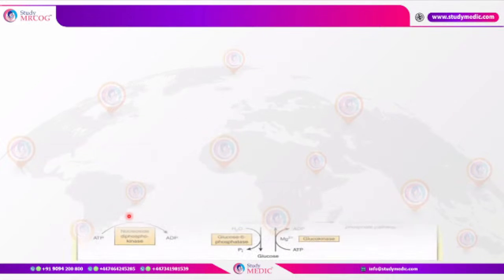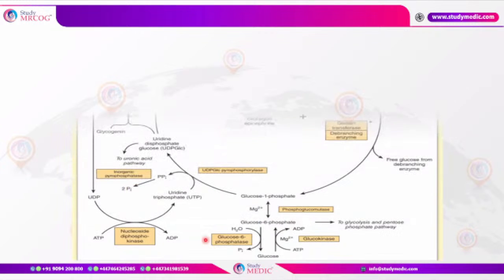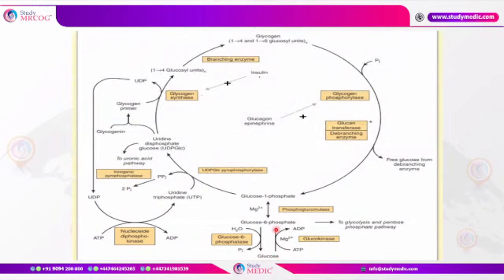As you can see in this slide, which is showing from the bottom up: glucose to glucose 6-phosphate, glucose 6-phosphate to glucose 1-phosphate. Now glucose 1-phosphate will combine with UTP to form UDP glucose. Now there is a primer required called glycogenin.